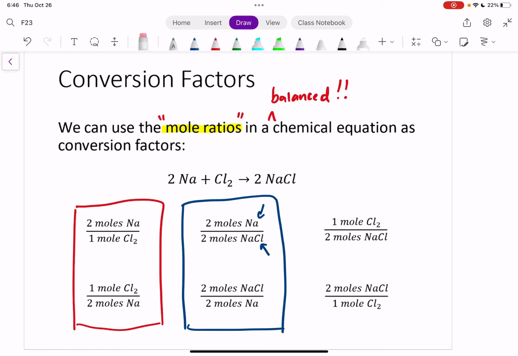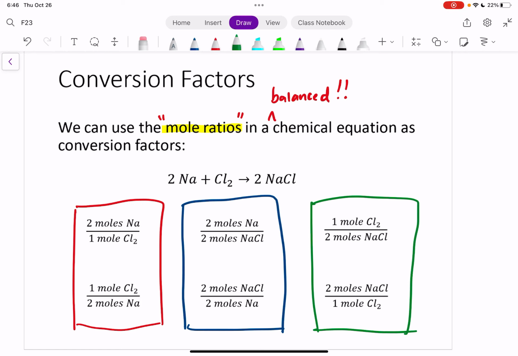That's the mole ratio from my balanced chemical equation. I can also flip that, and have moles of NaCl on the top and moles of Na on the bottom. There's a whole other piece in this chemical equation where we can look at just Cl2 and just NaCl, and say that if I put in 1 mole of Cl2, I'm going to get out 2 moles of NaCl, and vice versa.